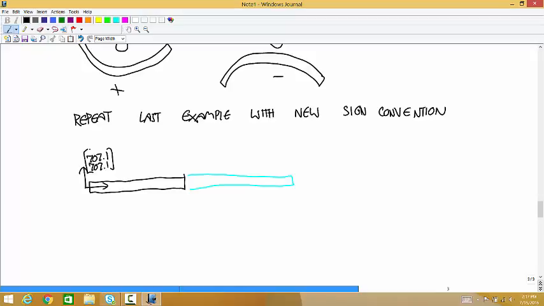Then we have a couple of 5,000 Newton meters that way, and a bending moment of 707.1 that way.